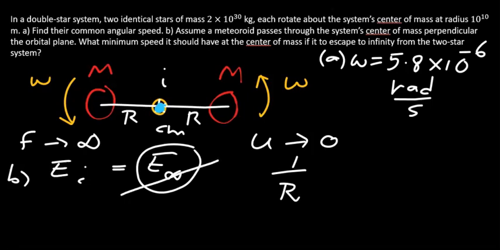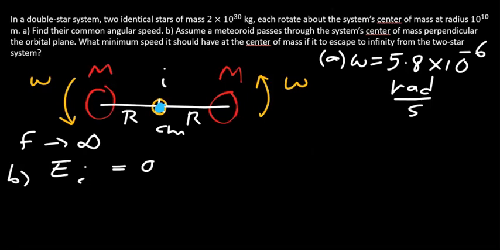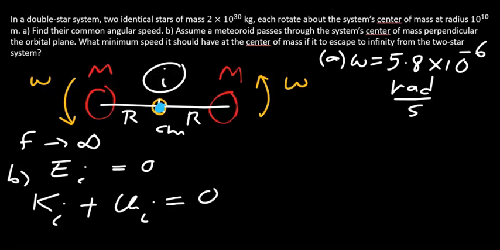So that means the energy at infinity for that meteoroid is zero. So let's write that. The energy at the initial point, namely at the center of mass of that double star system, consists of the kinetic energy of the meteoroid at that point and the gravitational potential energy of the meteoroid at that point. And that should sum up to zero.